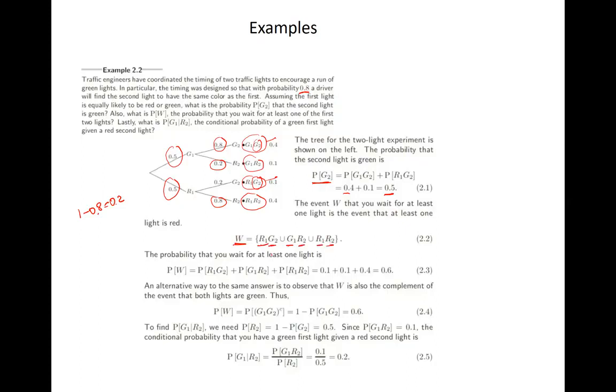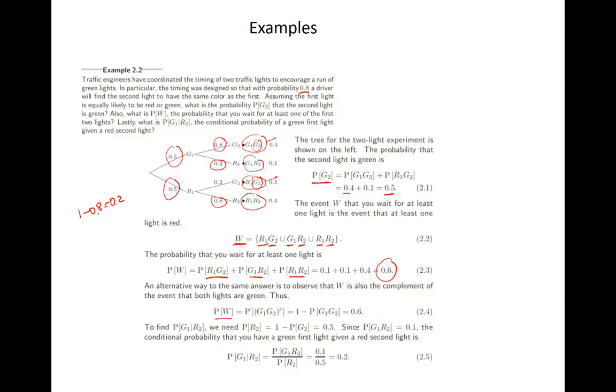So the union of these will give us the probability of waiting at least one of the traffic lights. So we simply add them up. Probability of R1G2, G1R2, R1R2, which makes 0.6. So 60%, when you drive on this road, 60% you will get at least one red.